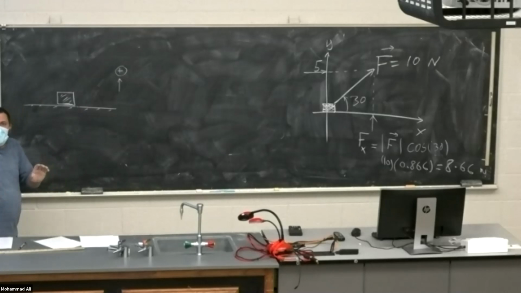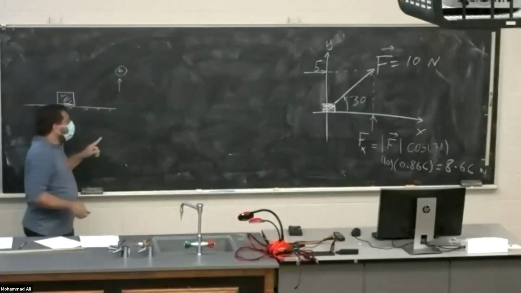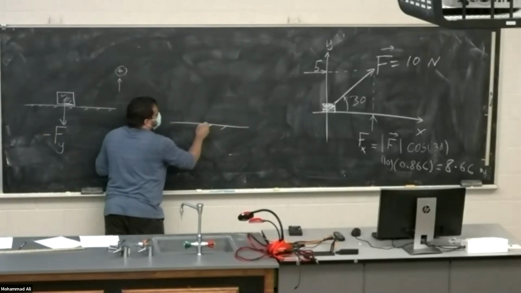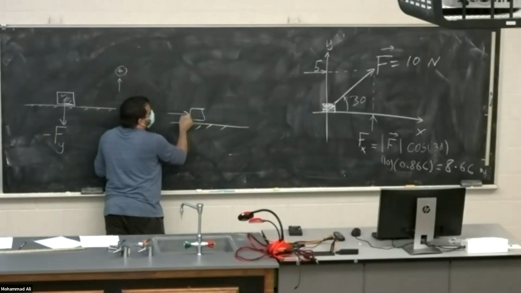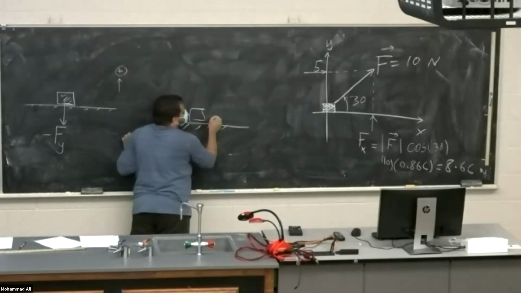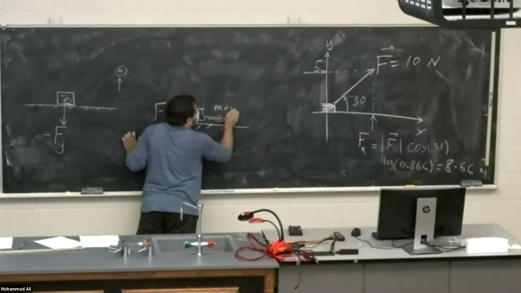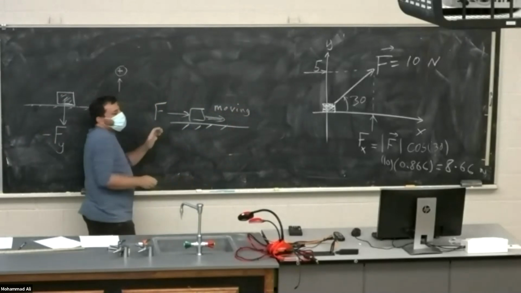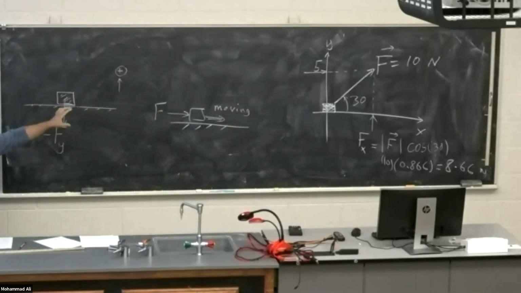The weight is the force attracting the object downward. Then we have a force downward. Assume it is Fy, negative direction. If I have this experiment and I apply a force, the object will start moving.